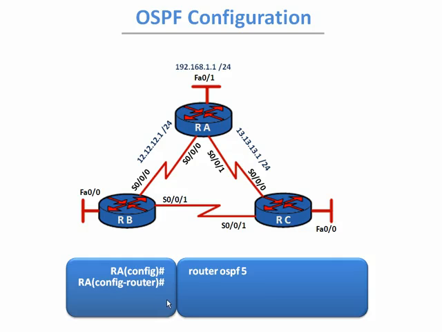So the first network that we want to advertise to the other world, and potentially enable, is the network that is connected to our FA0/0, the local area network. Based on the IP address and the subnet mask here, I know that the network is 192.168.1.0, and that is why I'm typing the command network 192.168.1.0 and a wildcard mask 0.0.0.255, and I want to put this network in area 0.